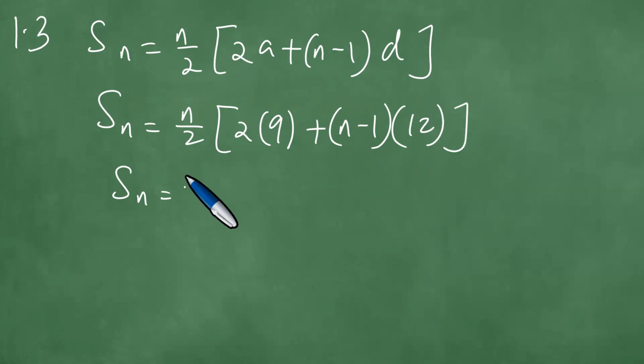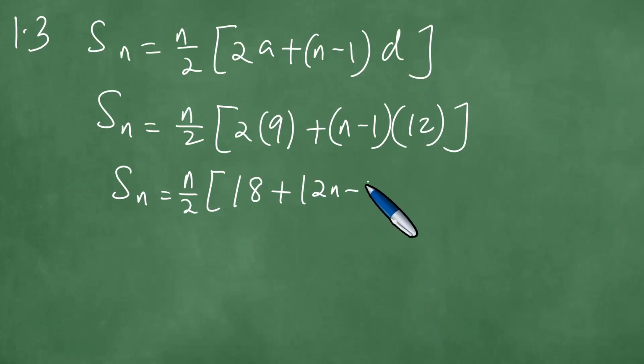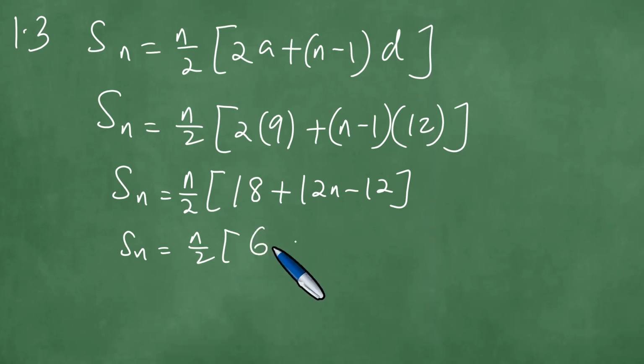So let's simplify together now. It's going to be n over 2 into 18 plus 12n minus 12. So Sn is n over 2 into 18 minus 12, which is 6, plus 12n.